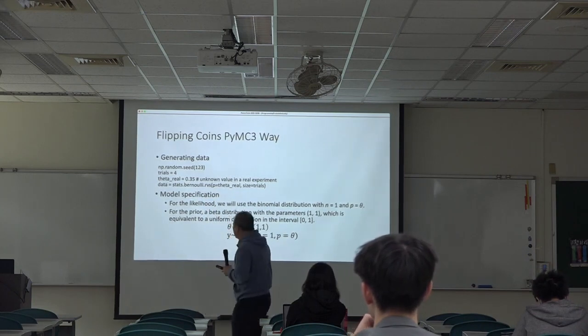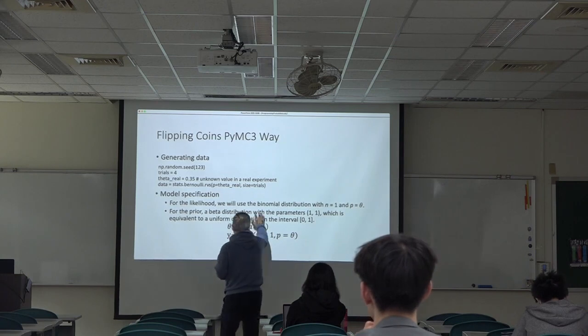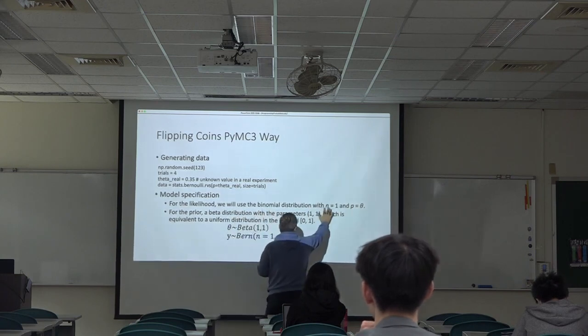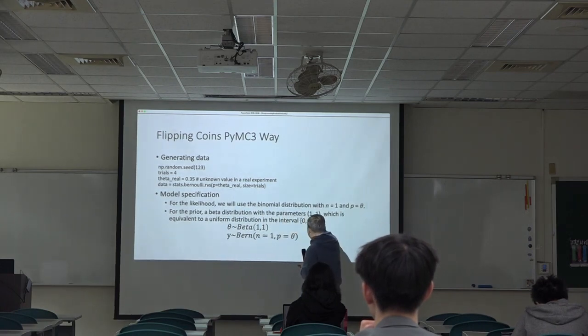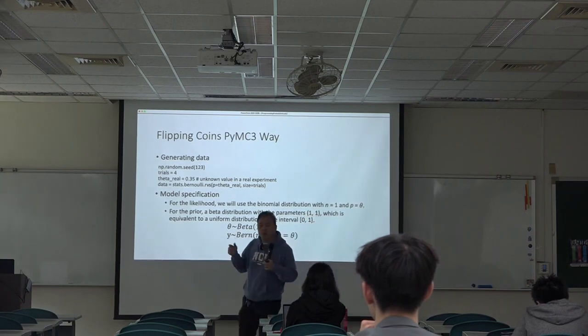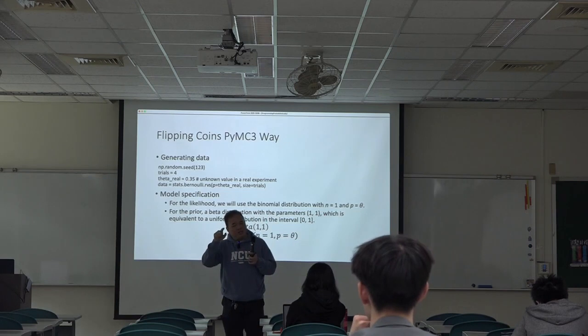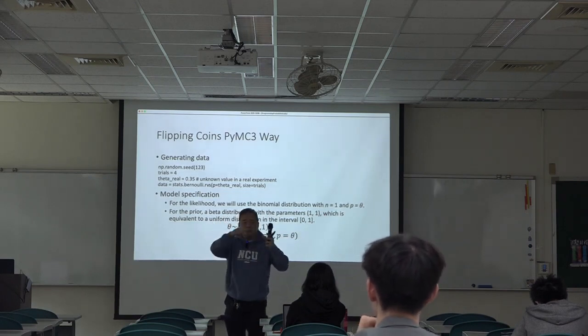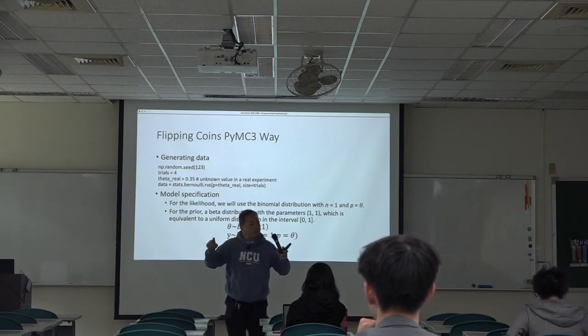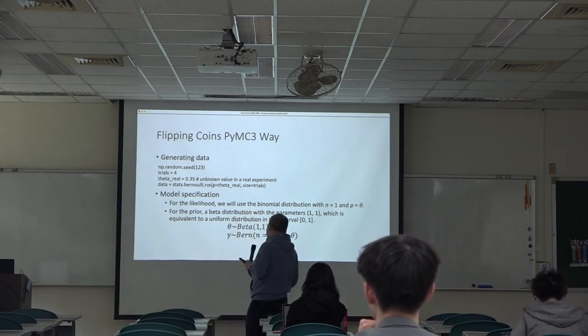For the likelihood, we'll use the binomial distribution with n equal to 1 and p equal to theta. For the prior, a beta distribution with the parameters 1, 1. If you remember, when you assign a and b both to be 1, it is flat, a uniform distribution, so it looks like this.